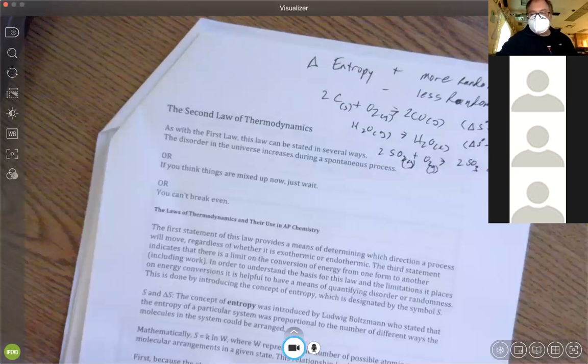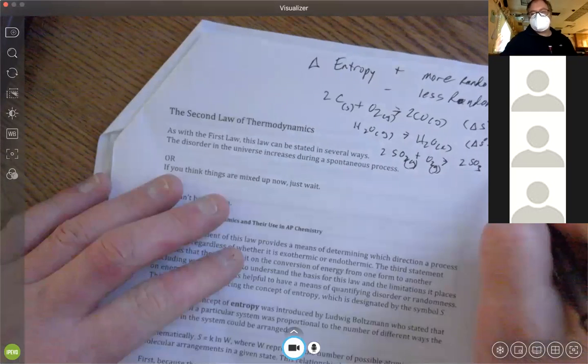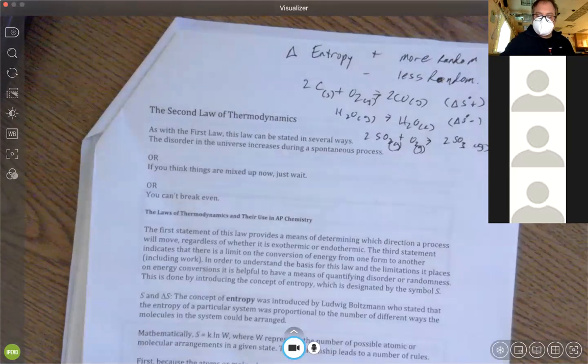How about here? What do you pick out? What states? This is gas, by the way. So is delta S negative or positive? And what did you use to try to determine that?